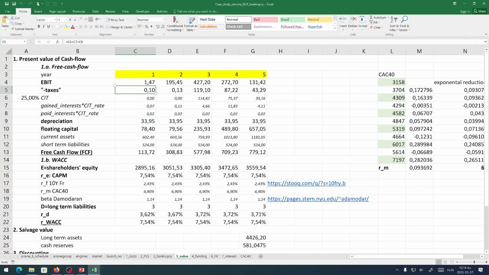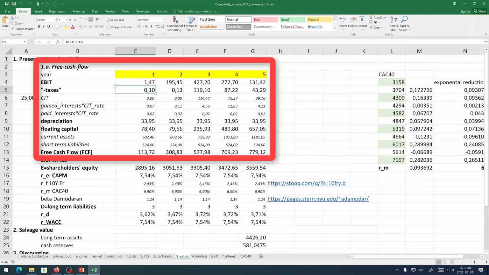And also we have to think about taxes, so gained interest, paid interest, multiplied by the corporate income tax ratio must be considered, and also floating capital is necessary to include, so the difference between current assets and current liabilities, so short-term assets, short-term liabilities must be considered here.